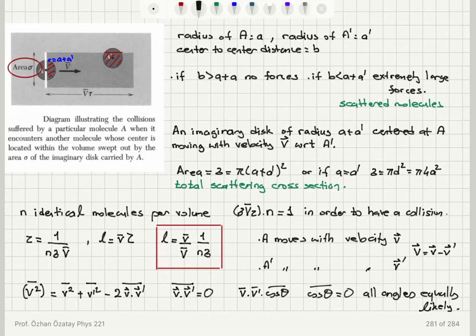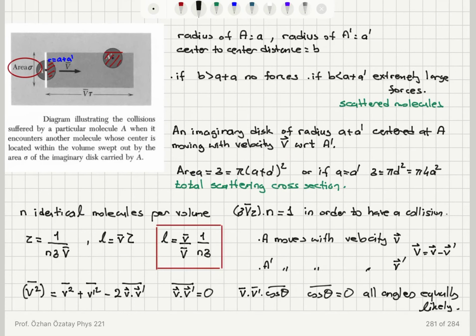And we can find the threshold condition for scattering if you have an imaginary disk of radius a plus a prime centered at a, moving with a relative velocity v with respect to a prime. The area spanned by this radius a plus a prime is going to be the total scattering cross section.